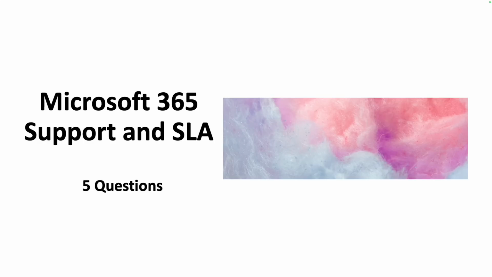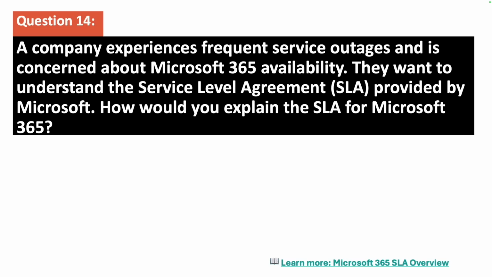In this section, we are going to go through the different types of support mechanisms available within Microsoft, what the service level agreement is, and how we can get the best out of the Microsoft service level agreement, particularly for you to showcase your knowledge of the support available and the Microsoft service level agreement.